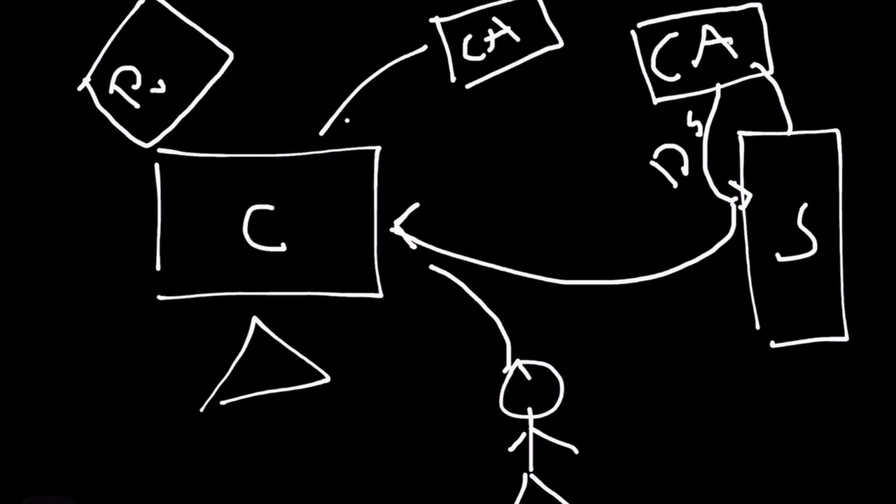So there will be a lot of intermediates. Before you actually get to the root or the main CA, there will be a lot of intermediates here. There will be another CA here, it will be from this one, another CA, another CA. So there will be a lot of CAs. So for you to get into the root CA, that means that you have to get a lot of permissions.